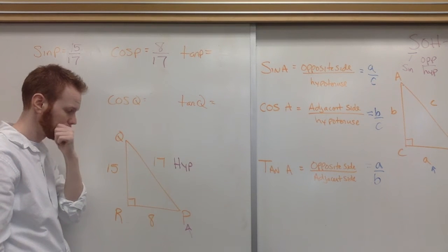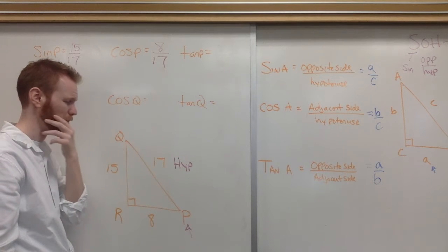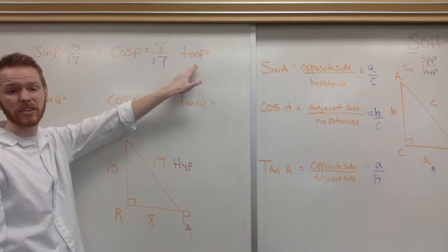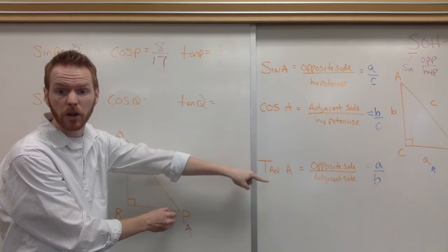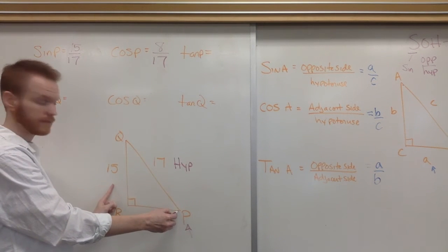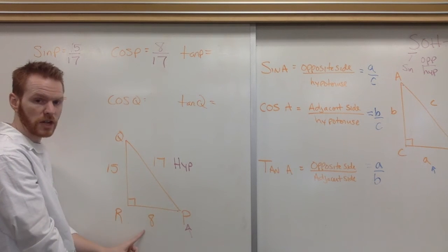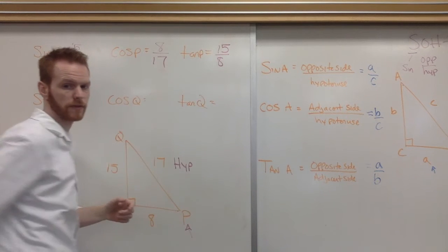It's the hypotenuse. Okay? Can't compare two things when they're the same thing. There's no comparison. And the last one, tangent. Okay? So tangent, if we look, is the opposite side over the adjacent side. So the opposite side is 15, and the adjacent side is 8. So 15 over 8 for that guy.